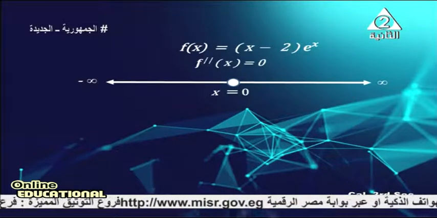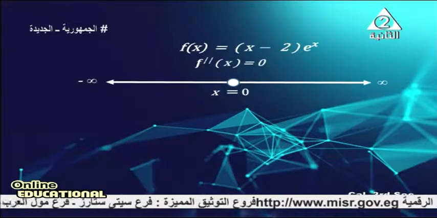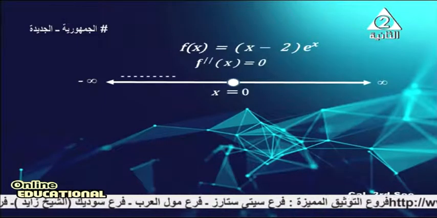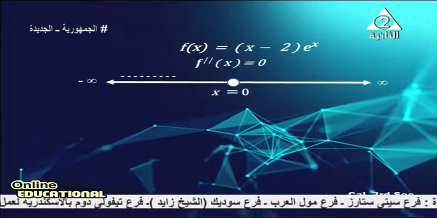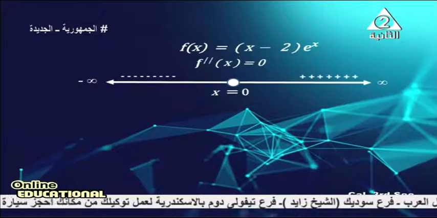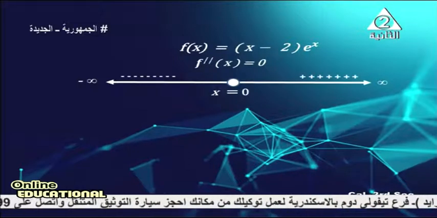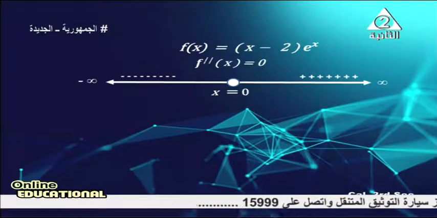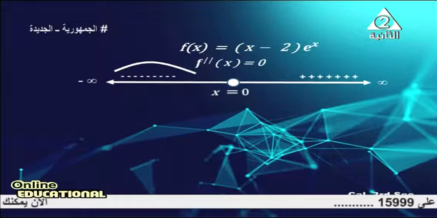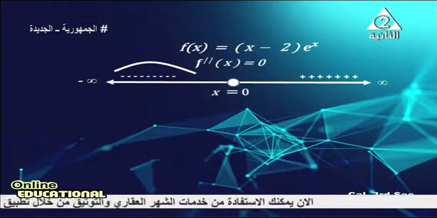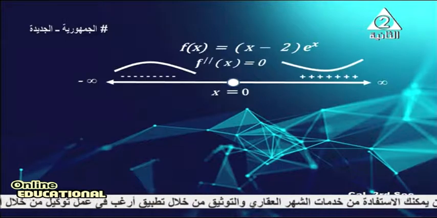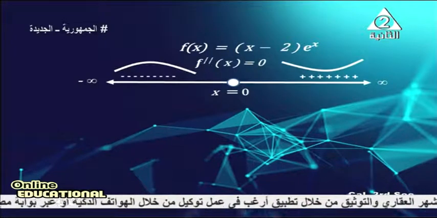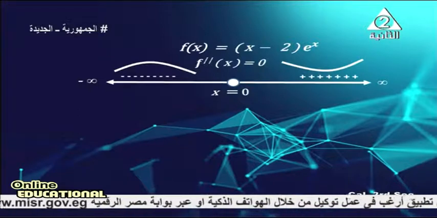In the open interval (negative infinity, 0), f''(x) is a negative value, and in the open interval (0, infinity), f''(x) is a positive value, because the function is convex upward in the open interval (negative infinity, 0), and the function is convex downward in the open interval (0, infinity).